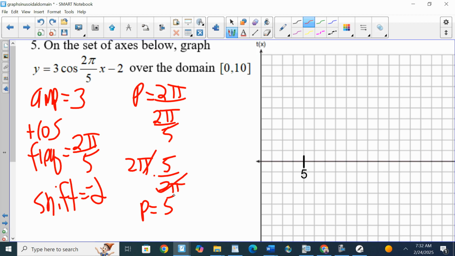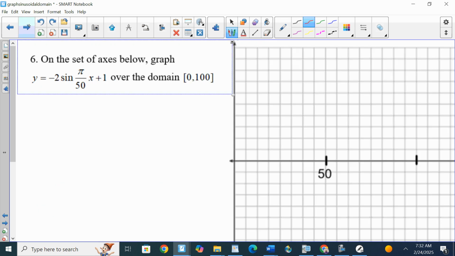So that means that the fourth dash must be at 5. So since there's a 5 on there, I need to scrunch this wave so that the fourth dash is at 5. So in this case, each dash is going to have to be 1 space apart. It's not going to always be one space apart. It may need to be scrunched, or it might need to be expanded.